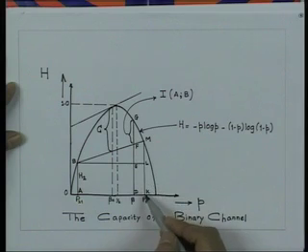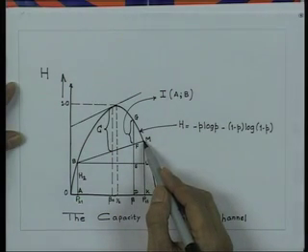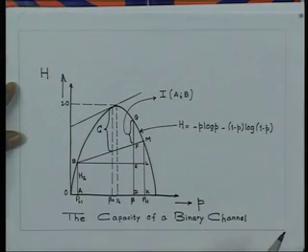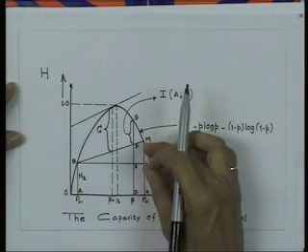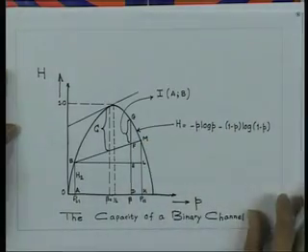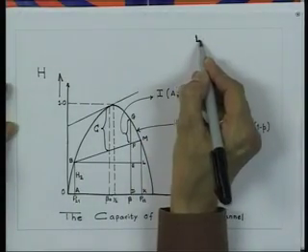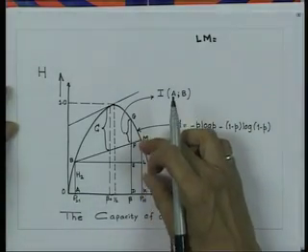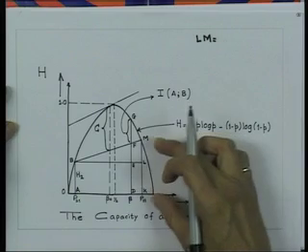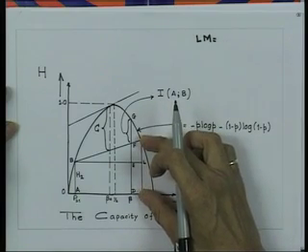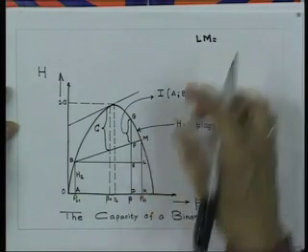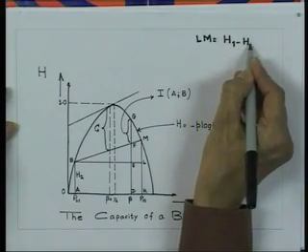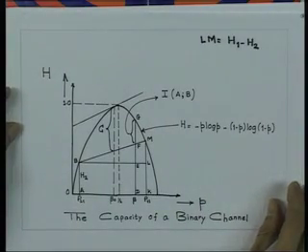Similarly, the length KM represents the value of H1. Therefore, LM, which is equal to KM minus KL, is equal to H1 minus H2.